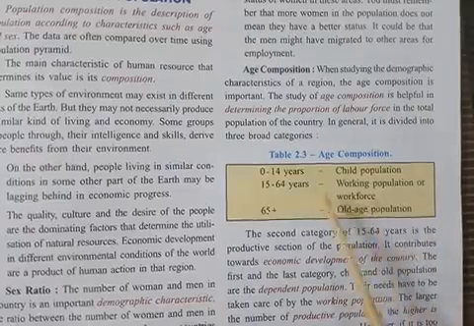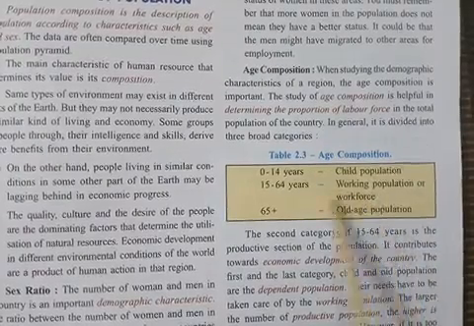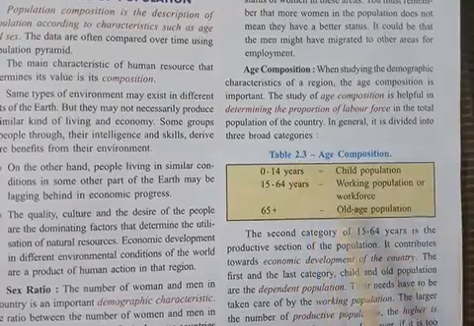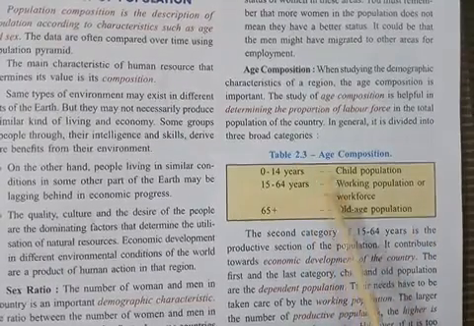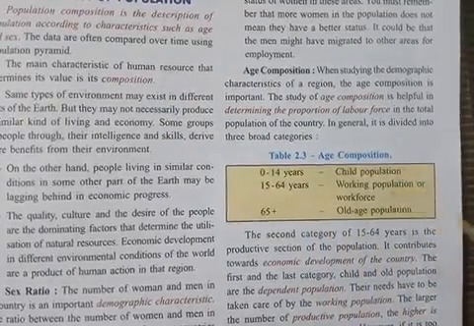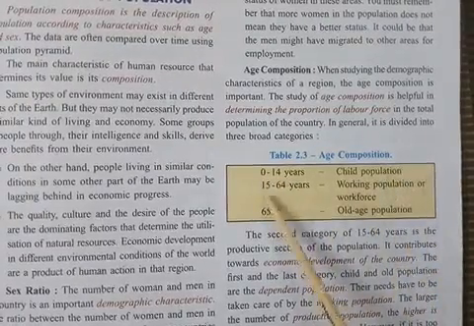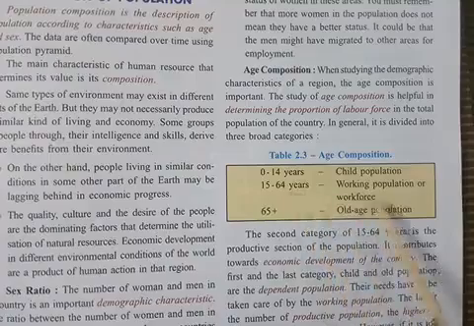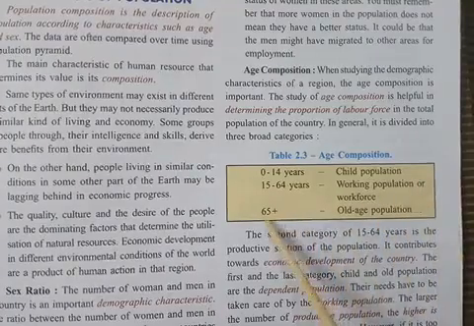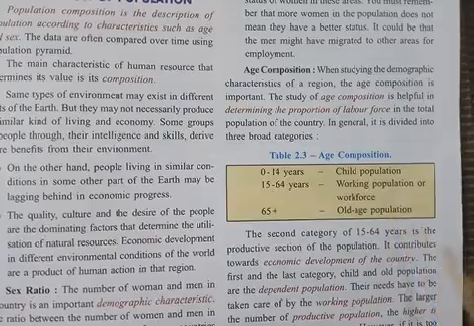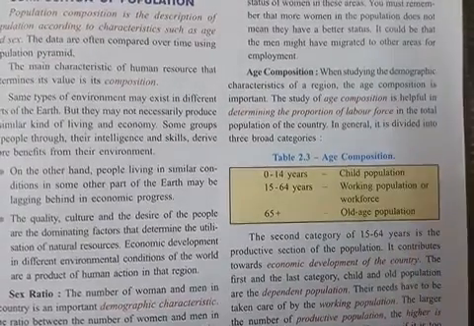As you can see on your screen, table 2.3, the major classification is being done. One is 0 to 14, this is called child population. Then 15 to 64 years, working population, and 65 plus is called old age population.